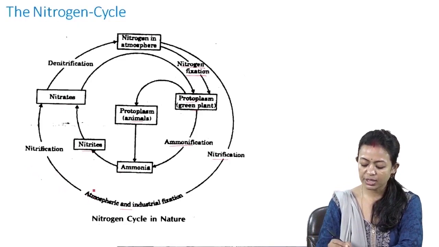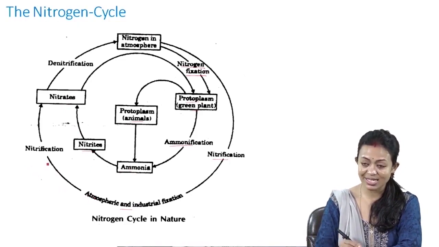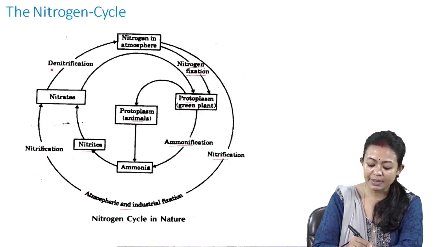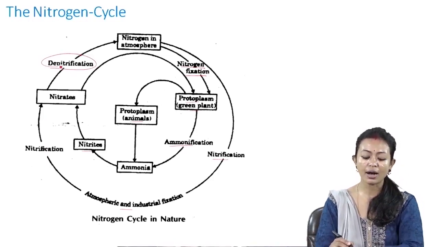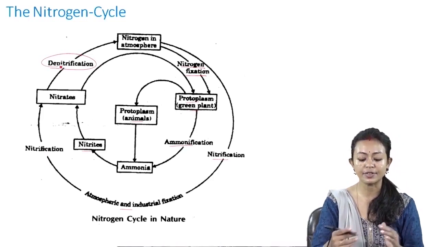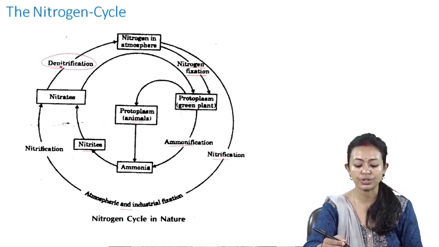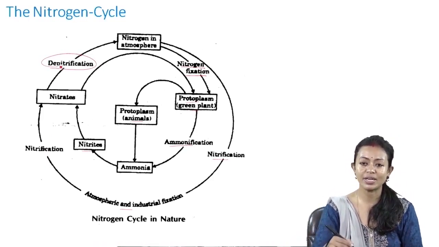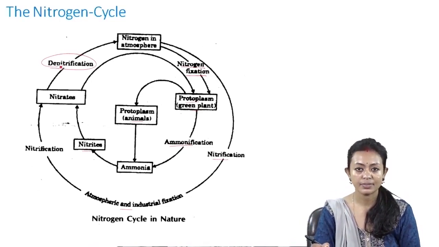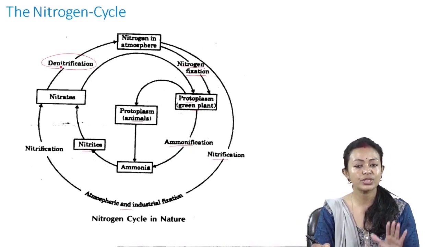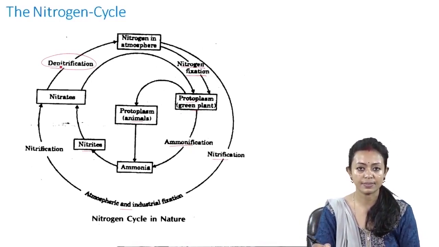Through nitrification, the ammonia is converted into nitrates and nitrites, and then ultimately by denitrification, all these nitrates are disintegrated and converted into the atmospheric nitrogen. So these are various ways how the nitrogen cycle functions, and the balance of nitrogen in the atmosphere is maintained.